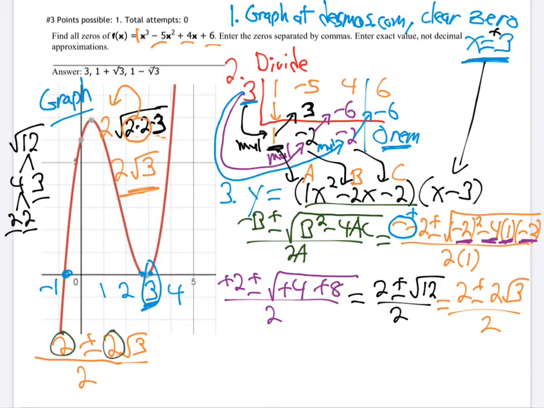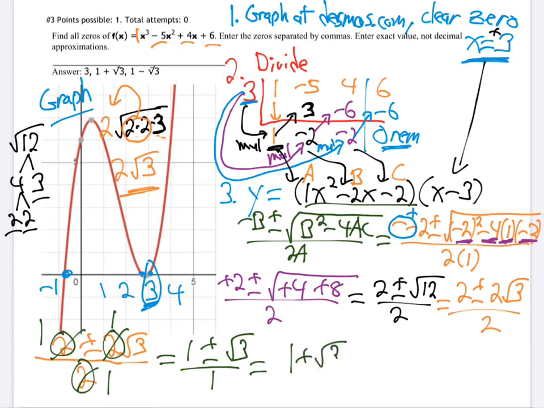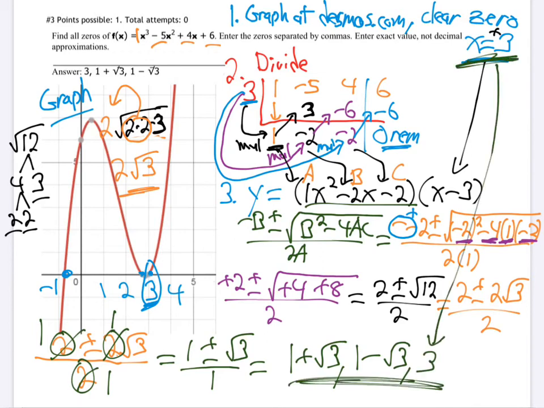This number, this number, this number. Divide by 2 leaves a 1. Divide by 2 leaves a 1. Divide by 2 leaves a 1. So it's 1 plus or minus root 3 over 1. We don't need 1's on the bottom. Dividing by 1 does nothing. So our answers are 1 plus root 3, 1 minus root 3, and the answer we had from the beginning, plain 3. Those are the 3 answers.